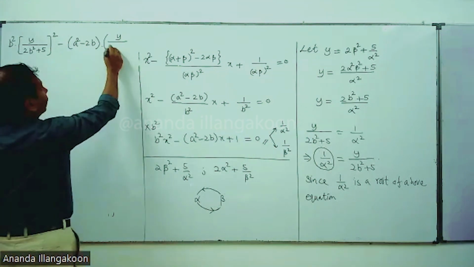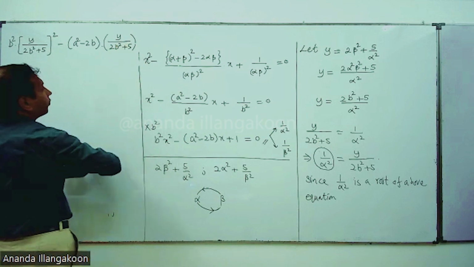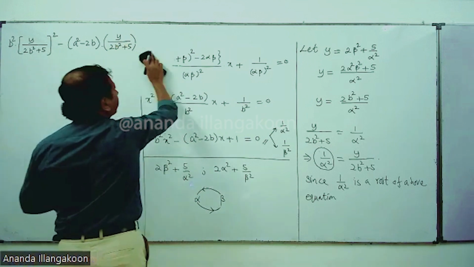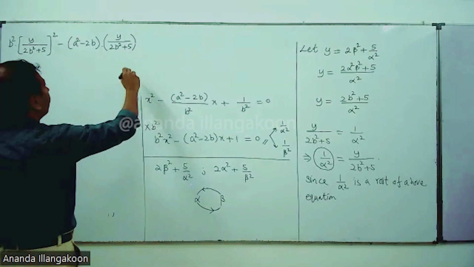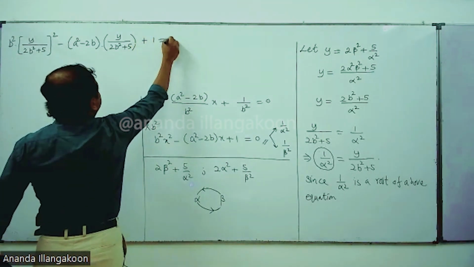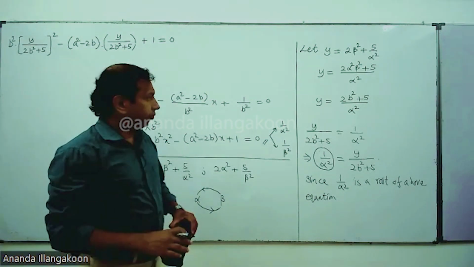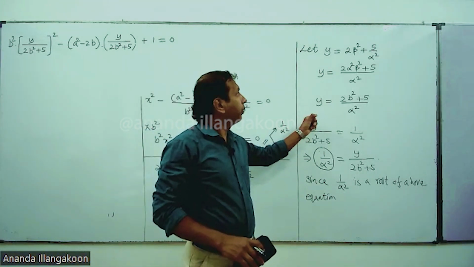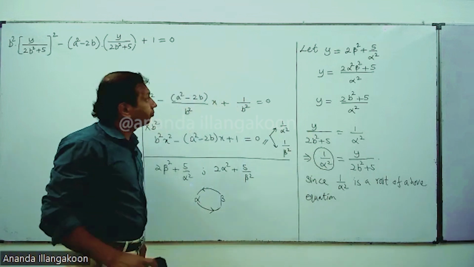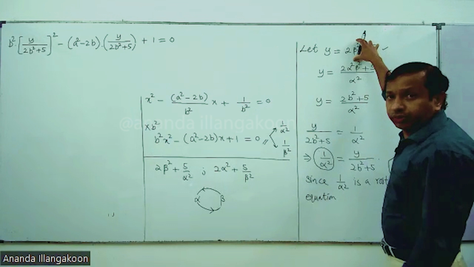So we get squared plus 1 plus 1 equals 0. Okay, this way we get. Now we need to obtain our y, no? Y was really this root. This is one of the given two roots.